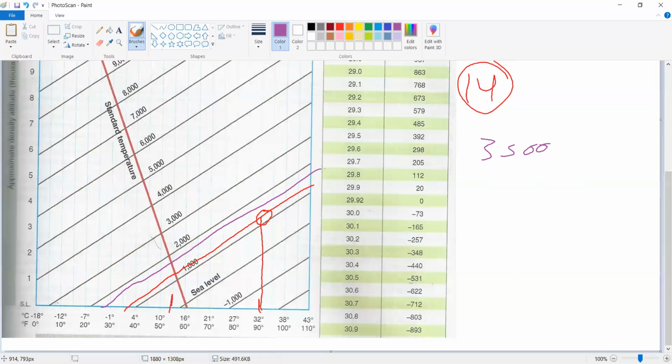So we'll go up about there. And looking at that, it's about at the 1,500, I would say, more or less. Let's say about 1,500, because this chart is not clear, but let's say 1,500.